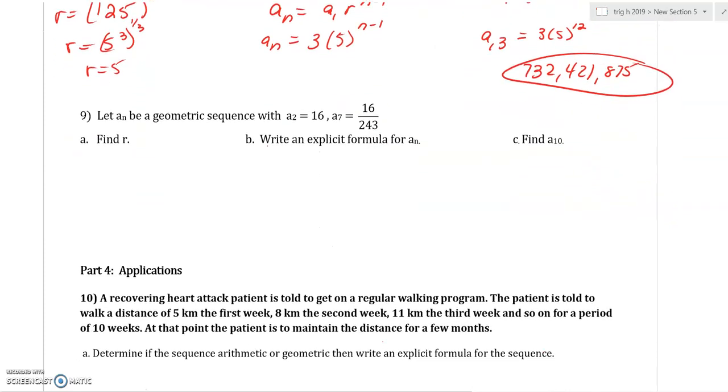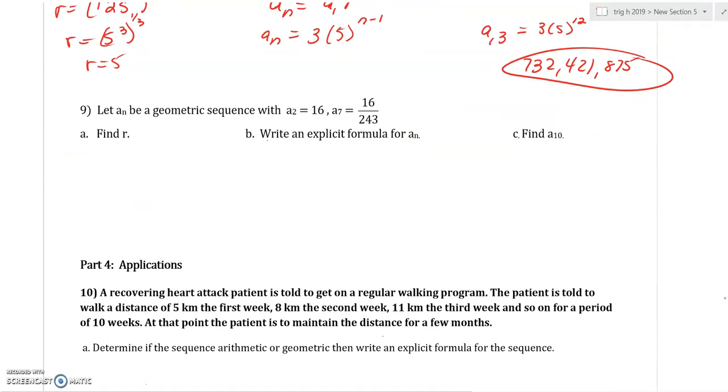Okay, what about this next example? Go ahead and pause the video and find R and the explicit formula and A sub 10.